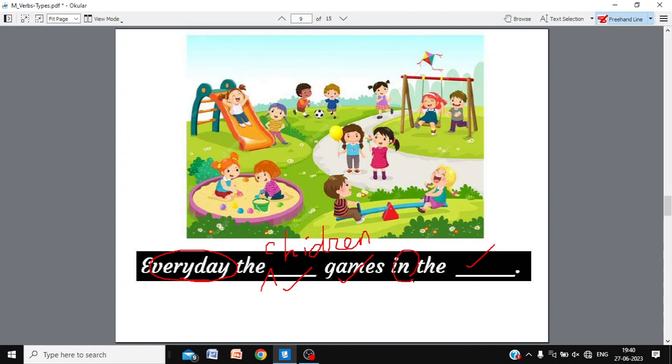Anyway, we'll come to that later. So games is the object. Every day the children play. That is a verb. And in the park is also an object, but for the preposition, we will see that later. But here, for the verb, played games. Games is the object.